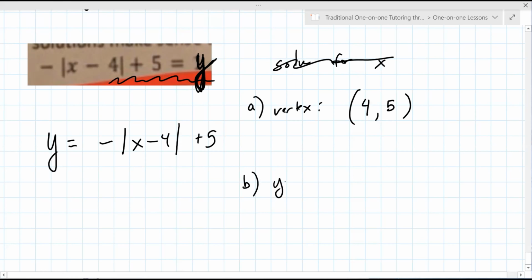Now let's do the y-intercept, and that's when x equals 0. Every function has a y-intercept. Well, that's not true, but it's true for a lot of things.